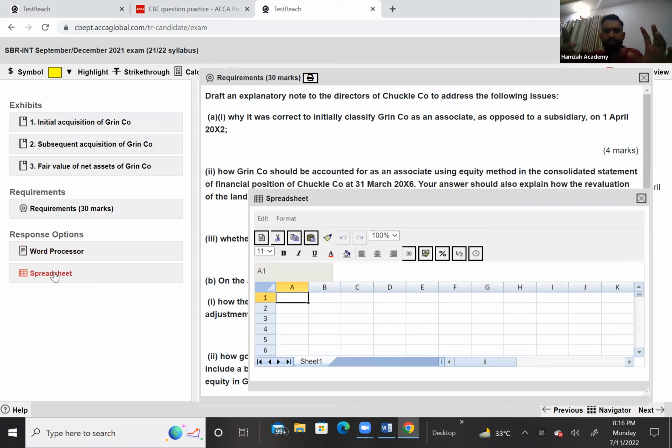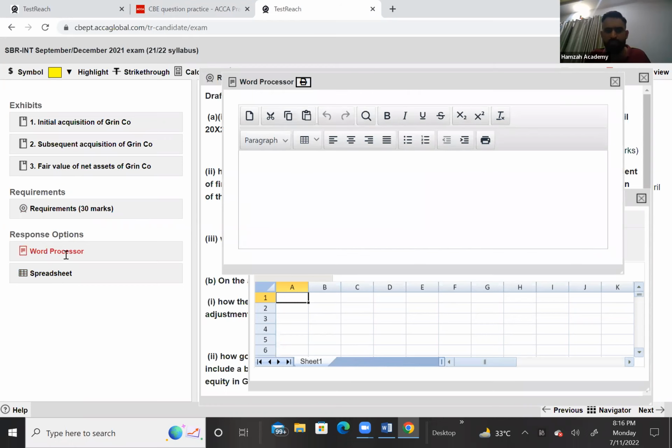There is no need to mention the question number because by default it is the spreadsheet window of question number 1. You do the relevant calculation, and when you have completed it, you come back to the word processor, give the heading of the requirement, and start to explain and discuss, referring to the calculation which you have done in the spreadsheet.